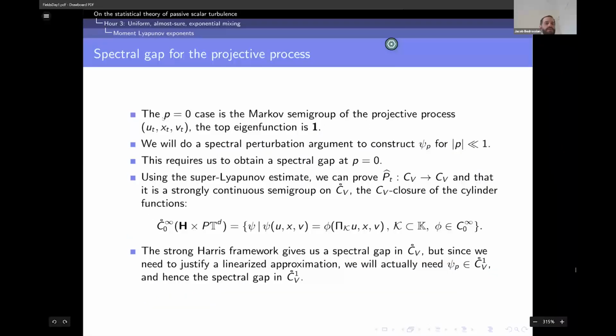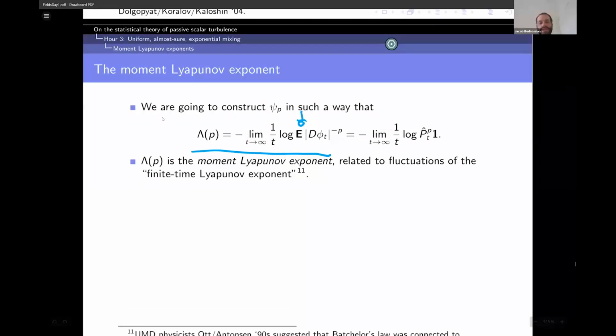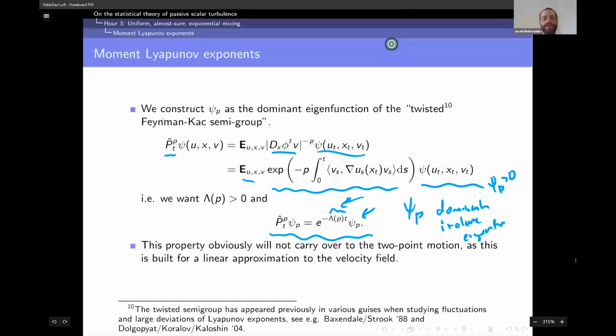Okay, so how do you construct psi p? It's hard, but it's not impossible, because it's perturbative. We care about doing this for any p, which could be ridiculously small, and that's totally fine. So what we're going to try to do is say, well, for p equals 0, this is the Markov semigroup for the projective process, the ut, xt, vt process that we saw before.